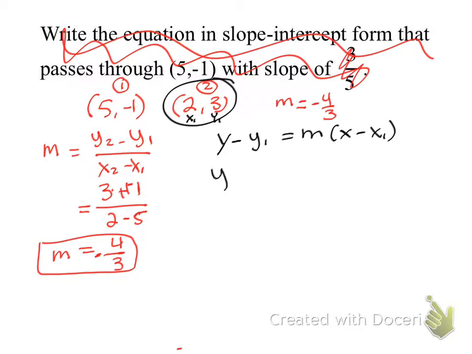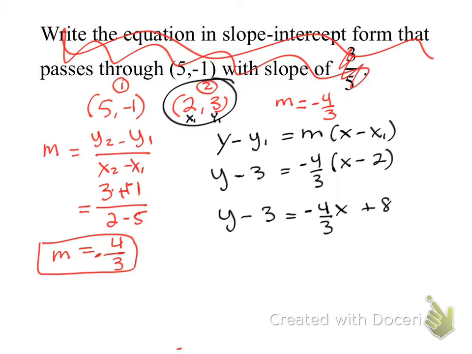And so I'm doing y minus 3 equals -4/3 times x minus 2. y minus 3 equals negative 4/3 x plus 8. Oh, 8/3. I'm going to have to change that 3 to something with a denominator of 3.